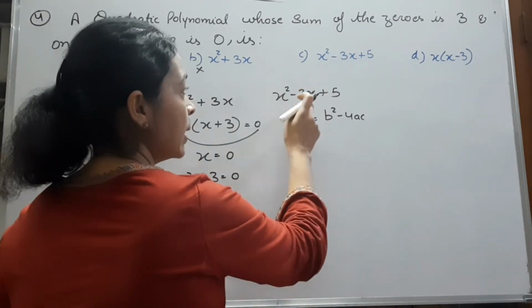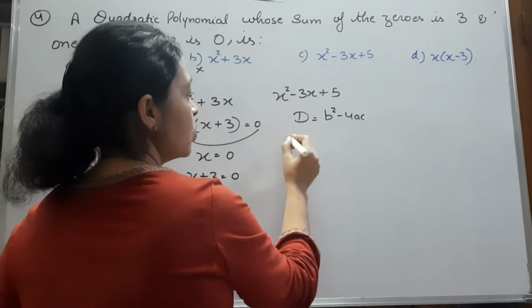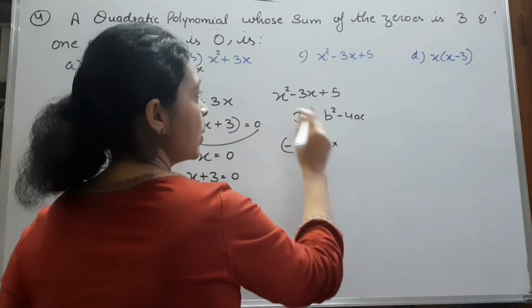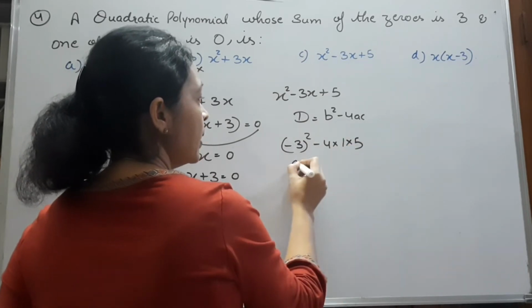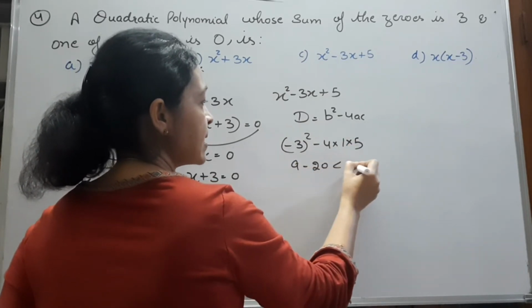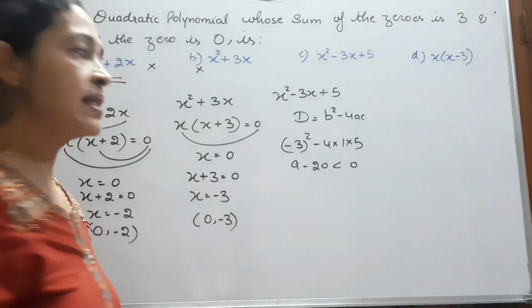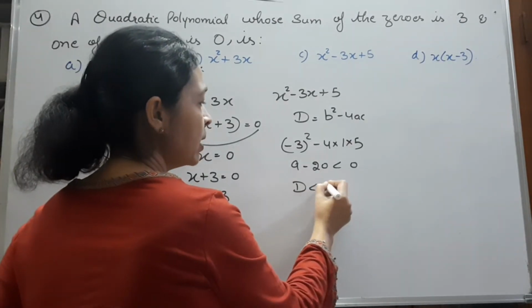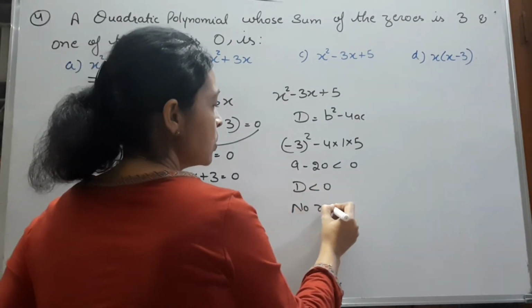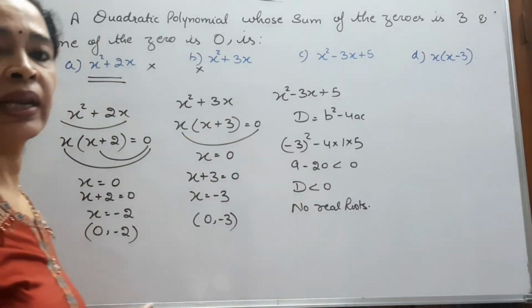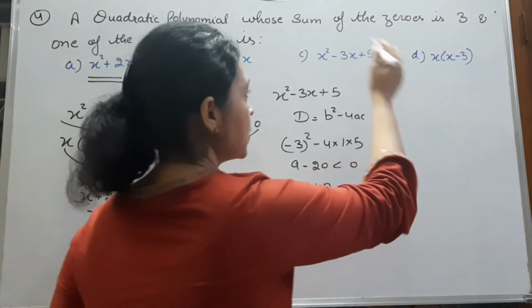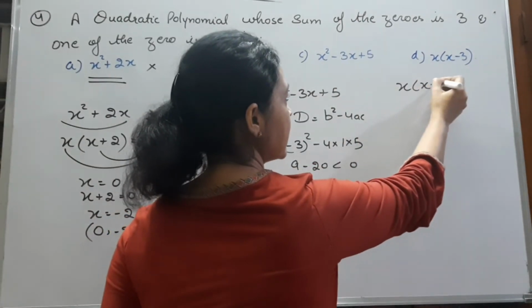Minus 3 whole square minus 4 into 1, the coefficient of x square, into 5, which is C. 9 minus 20 is less than 0. And when D is less than 0, no real roots are possible. So this quadratic polynomial has no zero.